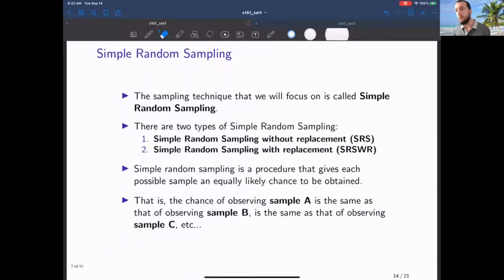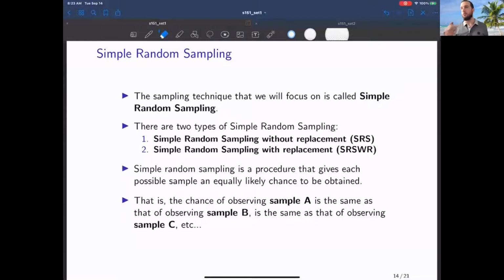The most common way of using a probability sample would be through what is called simple random sampling. So this is the simplest technique by which we can select an observation from a population of interest. There are two different types of simple random samples. There's a simple random sample without replacement. So this would be a sample where each of the observations in the sample are unique.